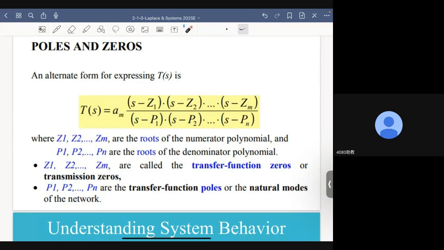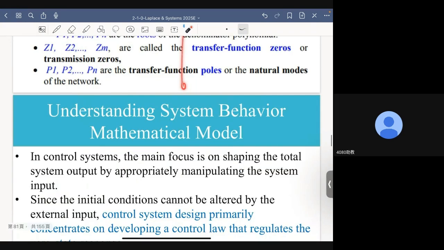Okay, we care about where zeros and poles are located. Okay, the distance between a zero or pole to the real axis and to the imaginary axis matters a lot. Okay, all right.